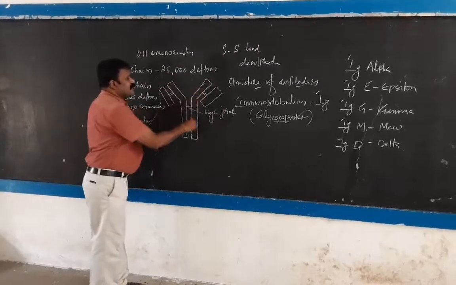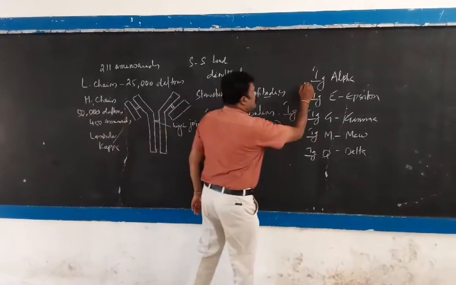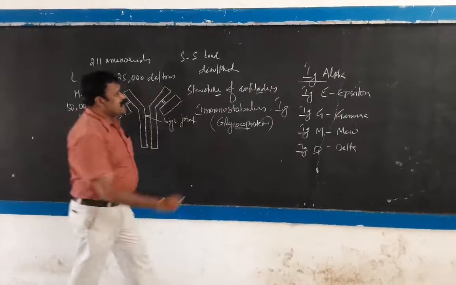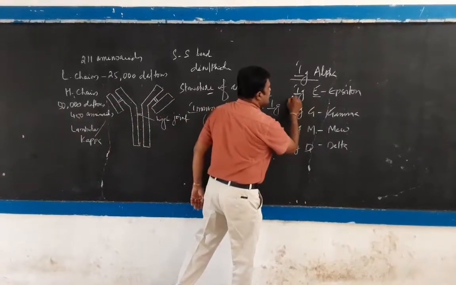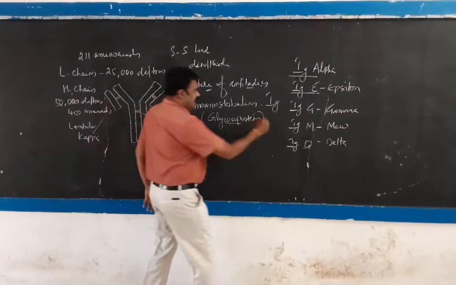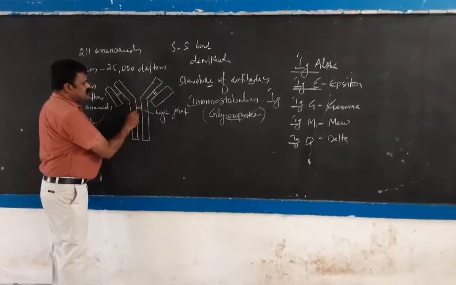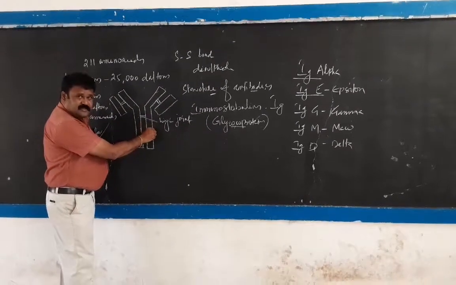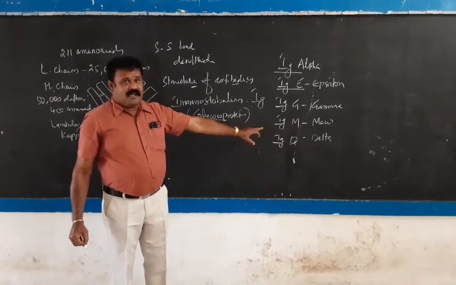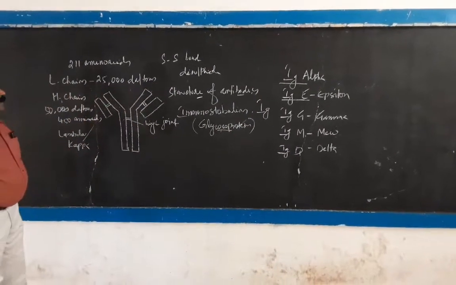If the heavy chains are made up of alpha particles, the antibody is called IgA antibody. If the heavy chains are made up of epsilon particles, the antibody is called IgE antibody. Likewise, based on the type of particles present in the heavy chain, the antibodies are classified into 5 types. Are you clear? I hope you are clear. So, this is one segment.